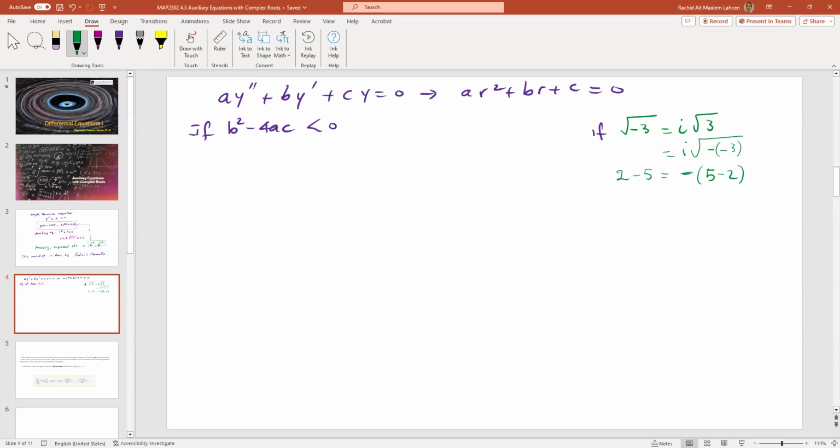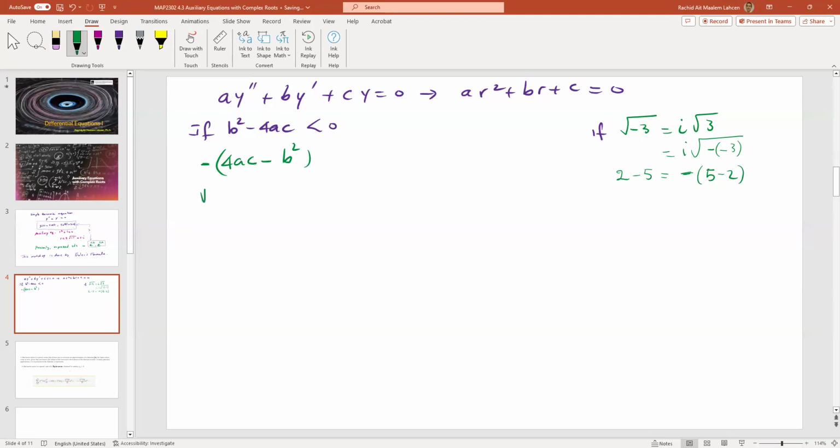like 2 minus 5, then I can rewrite it as 4ac minus b squared, right? That's right.